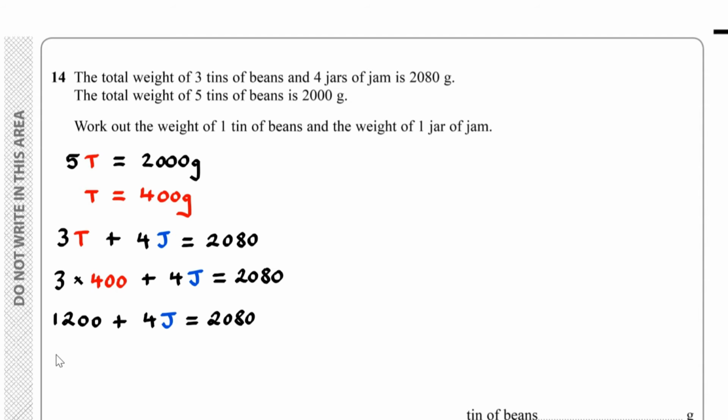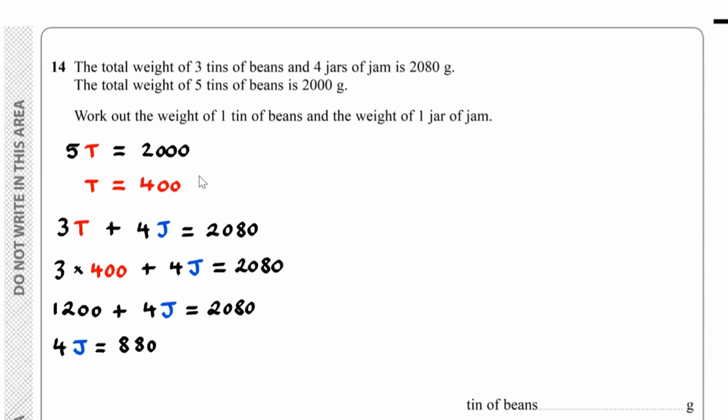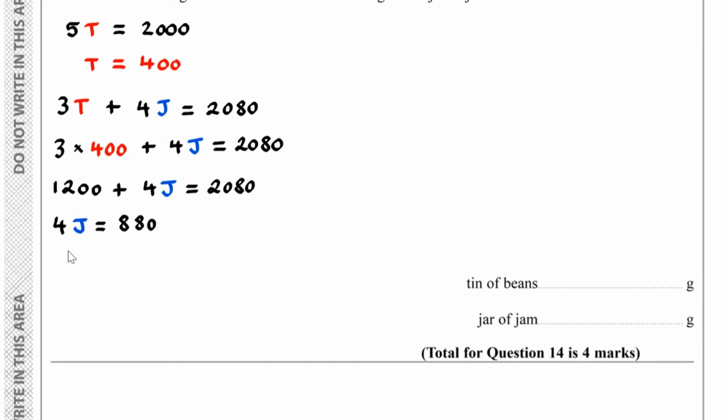And if I subtract 1200 from both sides, 4 jars of jam will equal 880, which means 1 jar is equal to 220. And we've got the beans is 400.